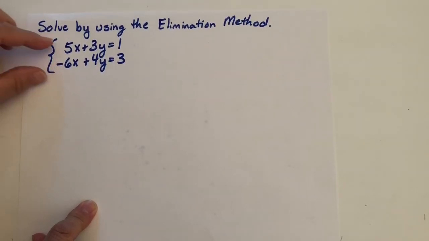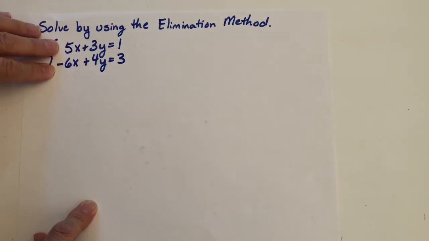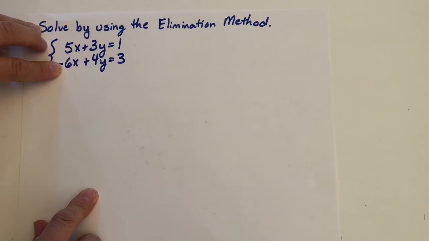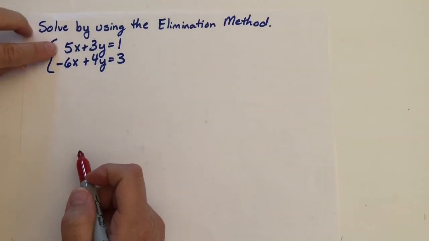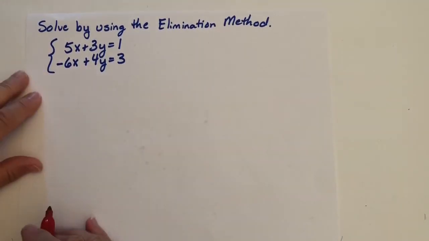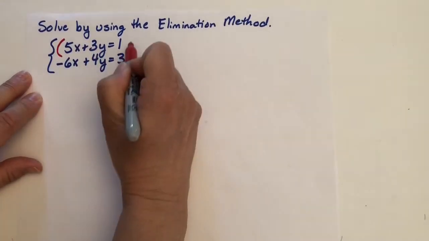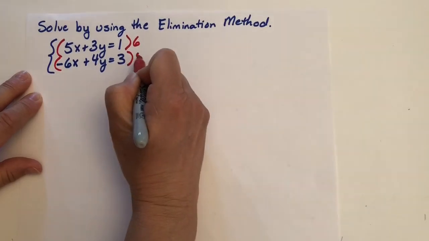So my goal is to multiply each of the equations by a number that would force the coefficients to be exact opposites. In other words, find a number that both 5 and 6 go into. That would be 30. So I'm going to multiply by numbers that will make this coefficient 30 and this coefficient -30. So that means the first equation is being multiplied by 6, and the second equation is being multiplied by 5.